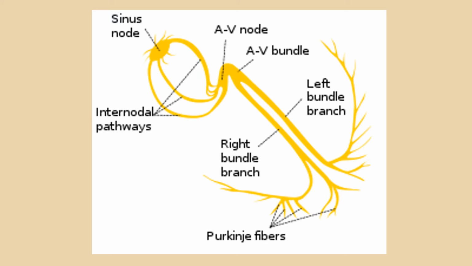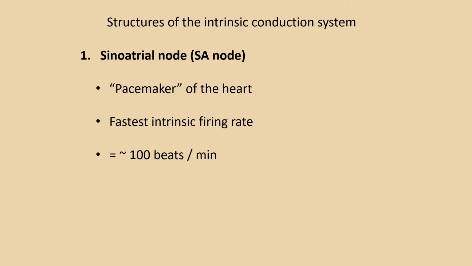The sinus node, or the SA node, normally sets the pace and transmits the signal to the atria as well as to the AV node. The AV node transmits the signal to the AV bundle, then to the right and left bundle branches, and finally to the Purkinje fibers. So the SA node is commonly referred to as the pacemaker of the heart.